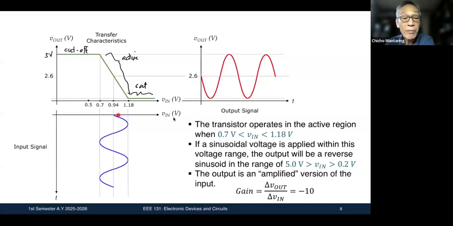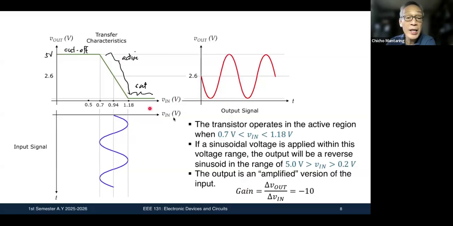Now observe. The time varying component of my input that varies from 0.7 to 1.18 is equal to 0.48 volts. If I take a look at the time varying component of my output, from 5 volts all the way down to 0.2 volts, that is 4.8 volts.